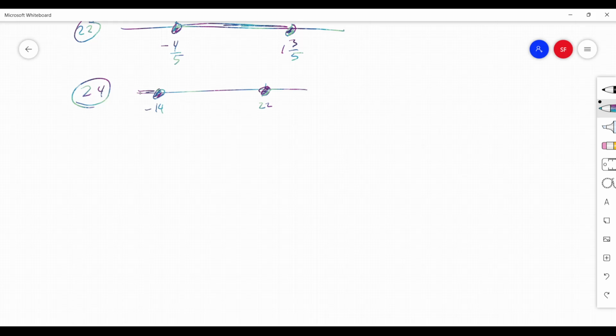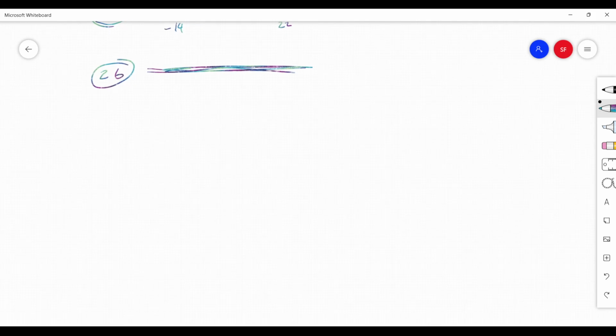And it's shaded outside of them. 26 is all real numbers, so shaded everywhere. 28 is open circles at -4 and -2/3, and it's shaded outside.